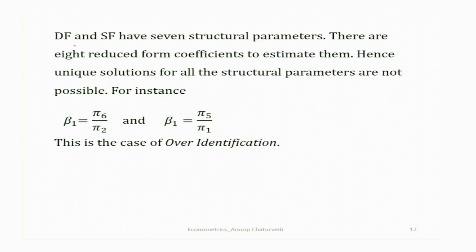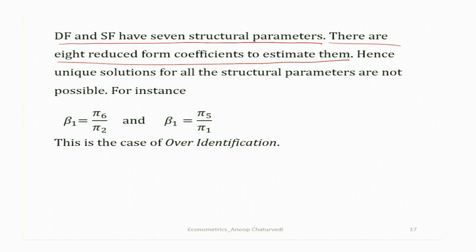So, demand and supply function have 7 structural parameters and then there are 8 reduced form coefficients to estimate them. So, unique solutions for all the structural parameters are not possible and you may have more than one solution.